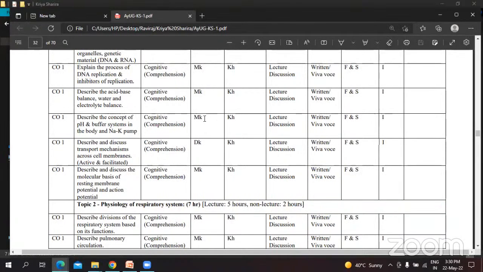DK stands for desire to know, right? So we want some brighter students to know this, or else the student who knows this will be considered brighter or intelligent. Are you getting me? Yes, sir. So would you like to fall in this category? Yes, sir.